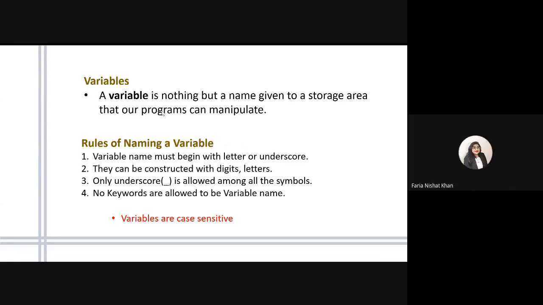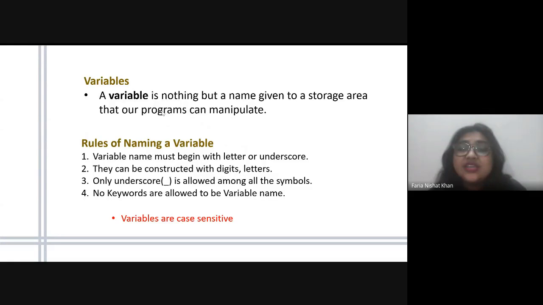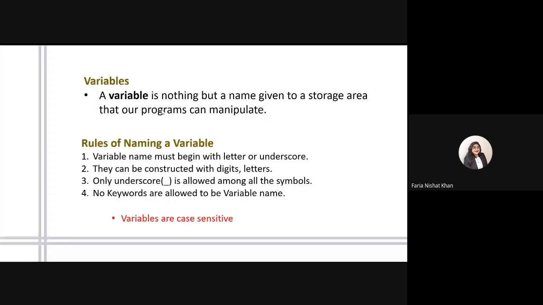So how does your compiler know which data to fetch? That is why you use a variable to label that part of your computer's memory and give the name to your compiler, so it knows which data to bring. A variable is nothing but a named storage area that our programs can manipulate.